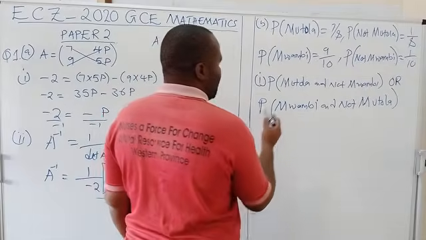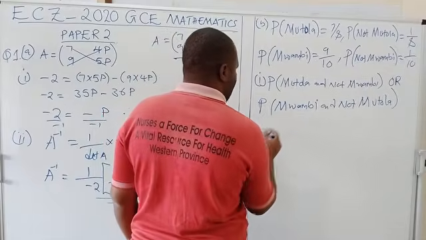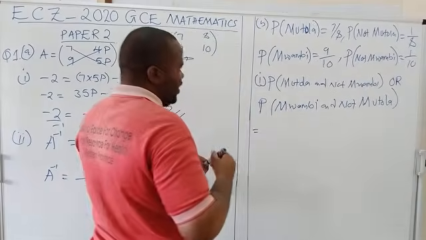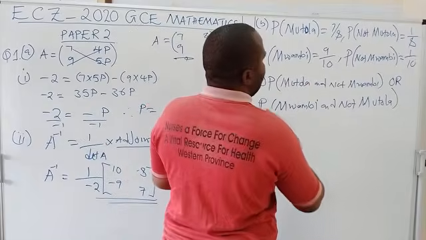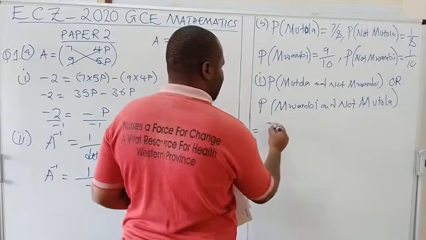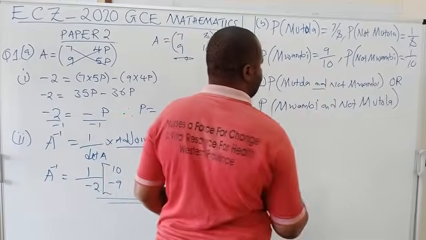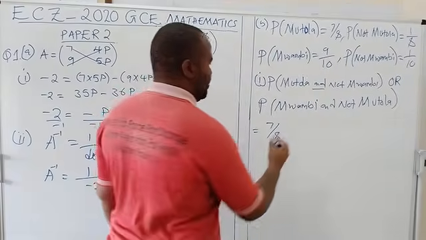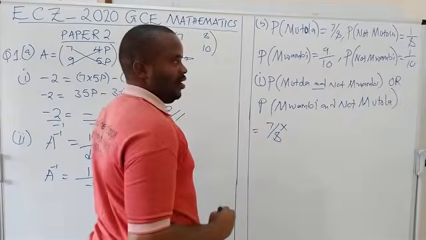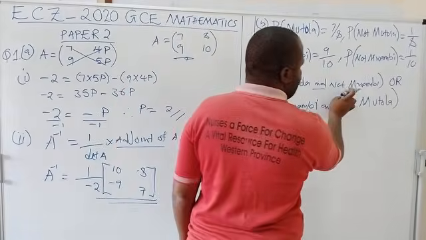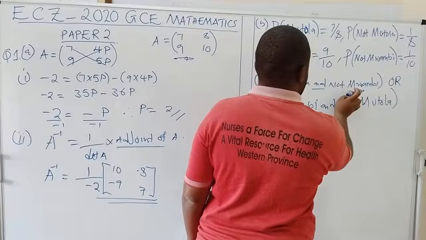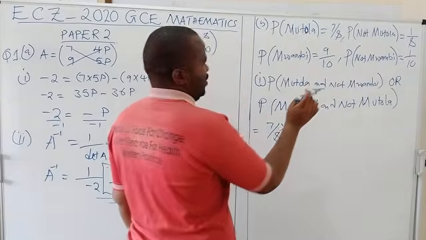So now, here we are going to say, what's the probability of selecting Mutola? The probability of selecting Mutola is 7/8. We are saying and. Alright? So we say times the probability of not selecting Mwambi. Okay? What's the probability of not selecting Mwambi?